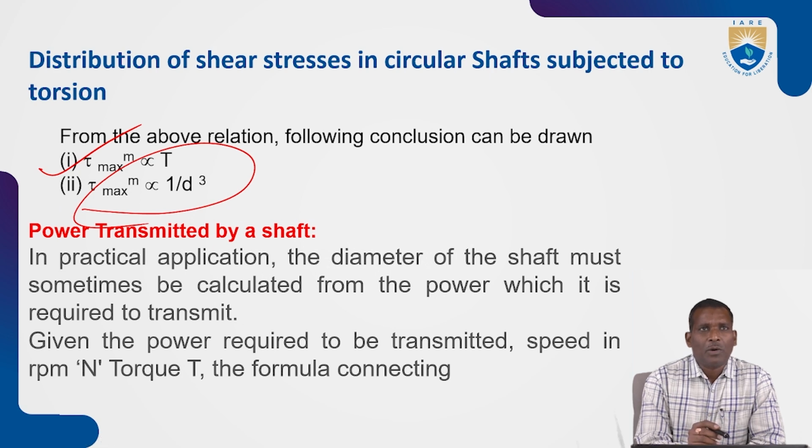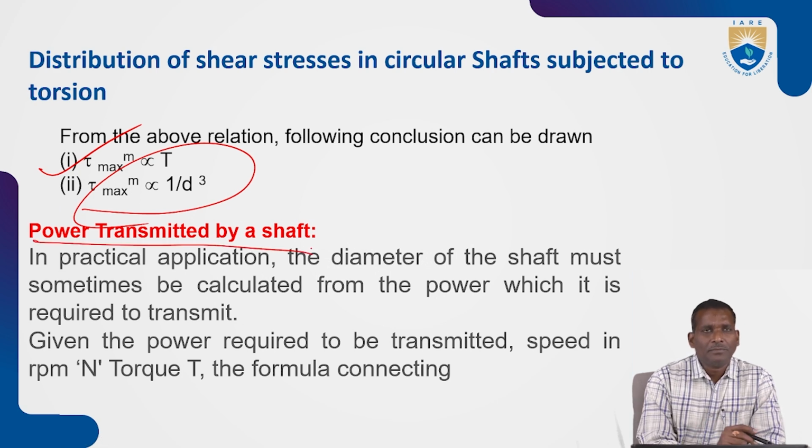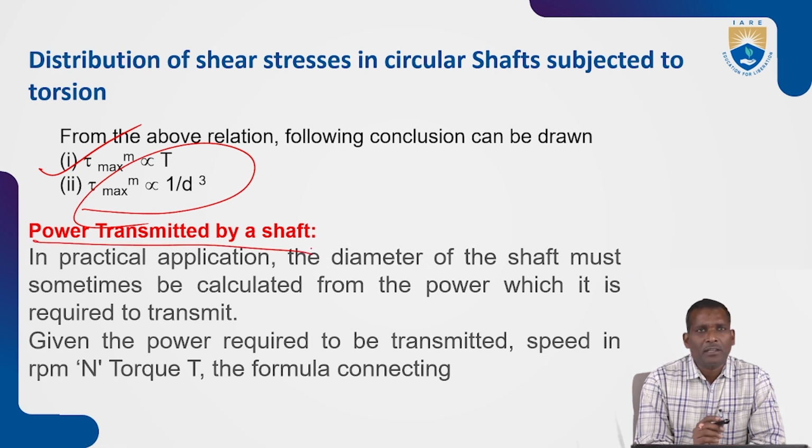So how do you calculate the power transmitted by a shaft? In practical application, the diameter of the shaft must sometimes be calculated from the power which it is required to transmit.